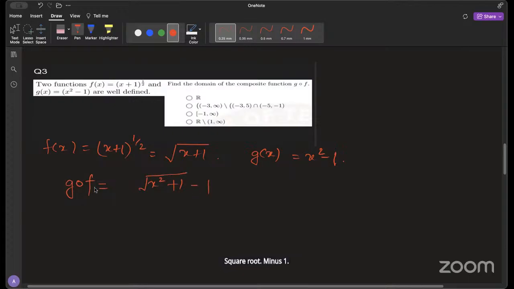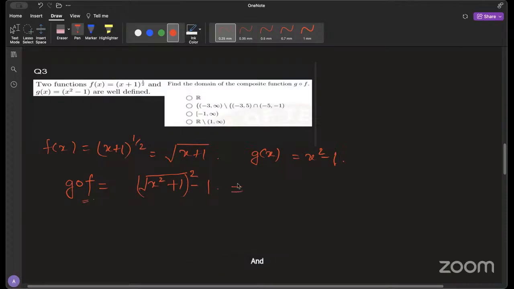We've just used f as an argument here. Instead of x, we've used f as the argument. And so it will be this: square root of x squared plus 1, whole square. So this is your composition.